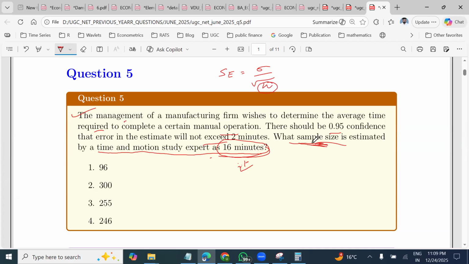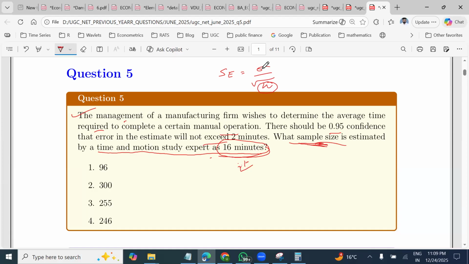So when we are talking about sample size, the company wants to find the average time required to complete the certain manual operation. Now the expert has come and told that, let's say, 16 minutes is the standard deviation of the time required to complete this task.